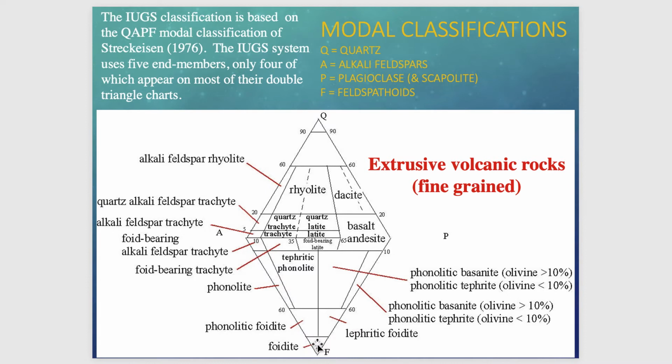Leucite and nepheline quite often are silicates that form when you don't have enough quartz or silica in the magma to crystallize feldspar.